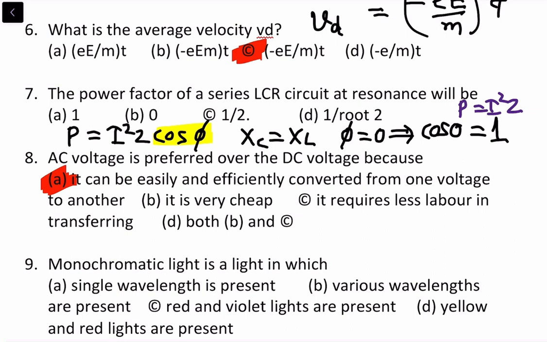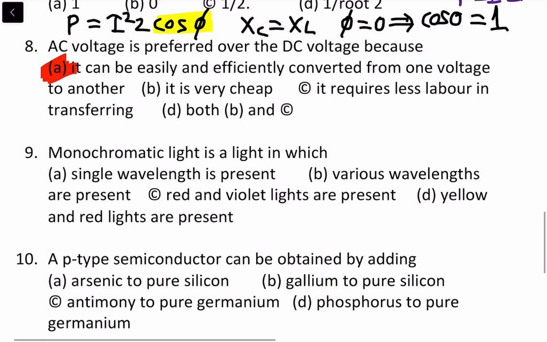Let's go for the next question, question number 9. A monochromatic light is a light in which, mono, what is the meaning of mono? Single. Chromatic is related with the color. That means a single color. Let us see the options they have given.